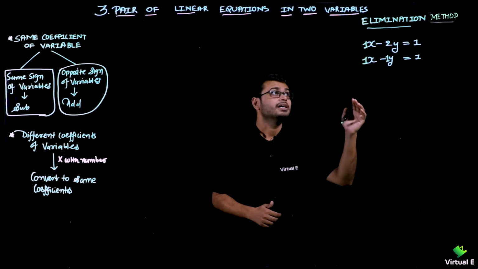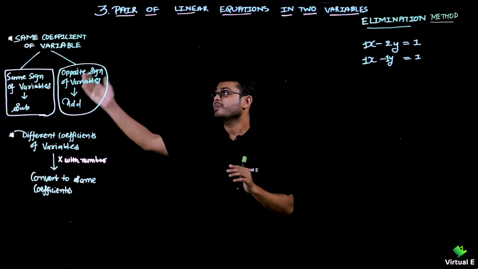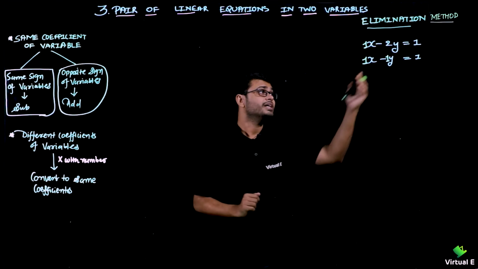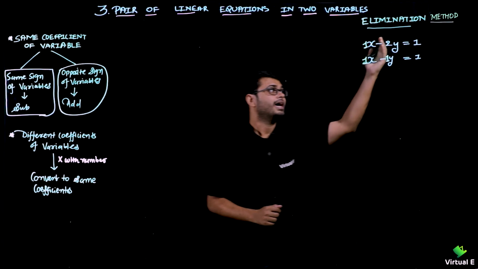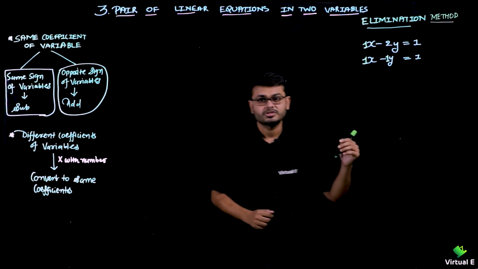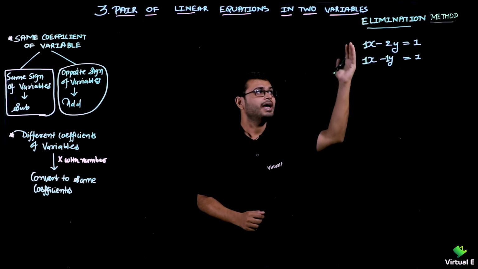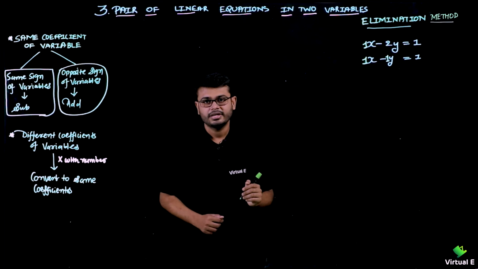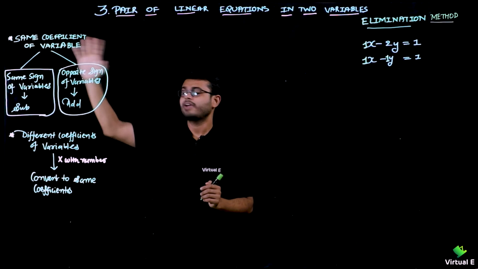So you can see which case I am going to talk about, which is the same coefficient of variable. x has the same coefficient 1 and 1, and y has a different coefficient. So what will I do? I will be eliminating variable x from this equation, right? So my first step is done, same coefficient of variable.